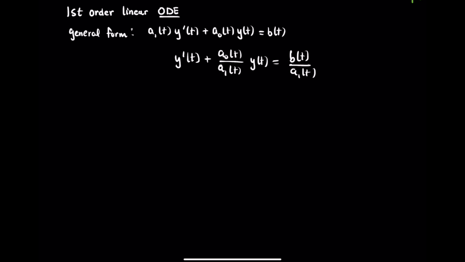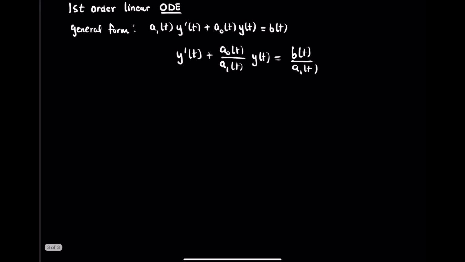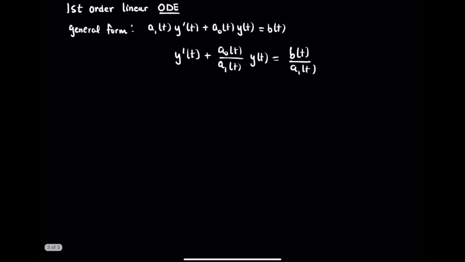And so the form that I want you to know is going to be y'(t) + p(t) y(t) = g(t). All right? What I've just done is set a0 over a1 equal to p(t), and b over a1 equal to g(t).